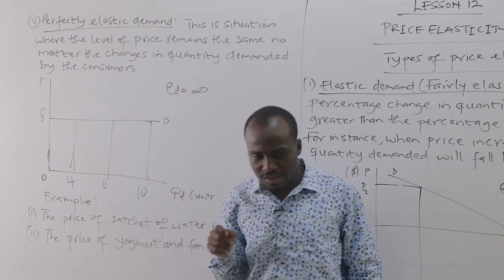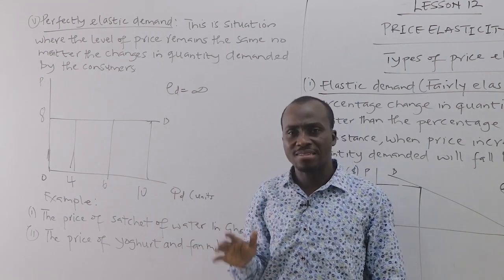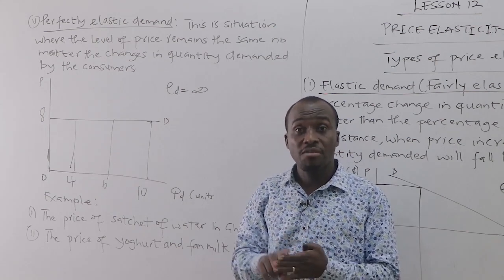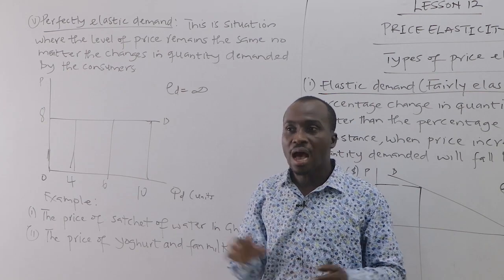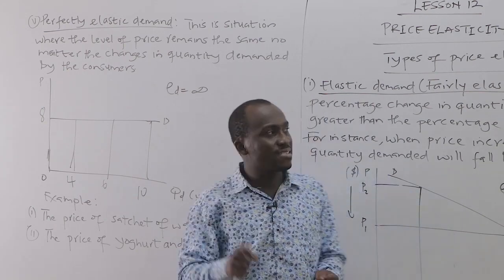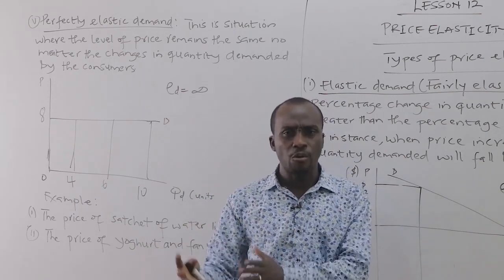Let me reiterate that. I told you about 5 types of elasticity: elastic demand, inelastic demand, unity elastic demand, perfectly inelastic demand, and perfectly elastic demand. Among all these 5, perfectly elastic, perfectly inelastic, and unity elastic are extreme forms. Only a few commodities behave that way.